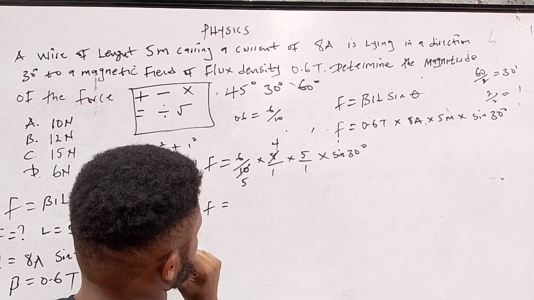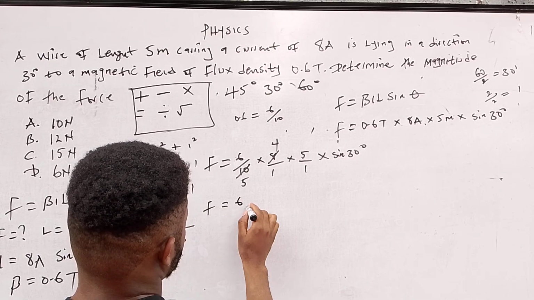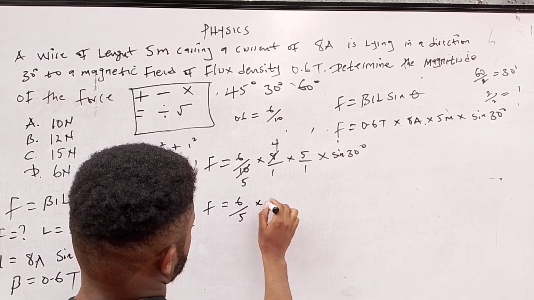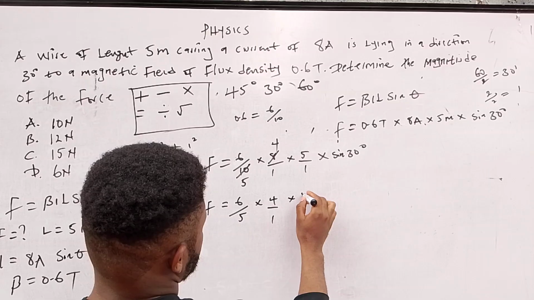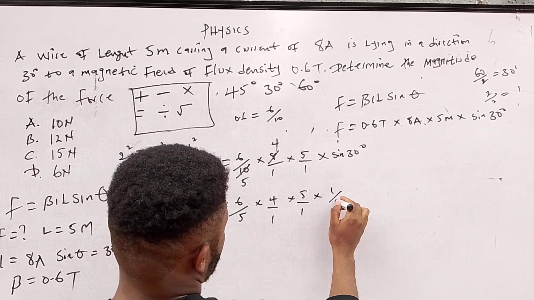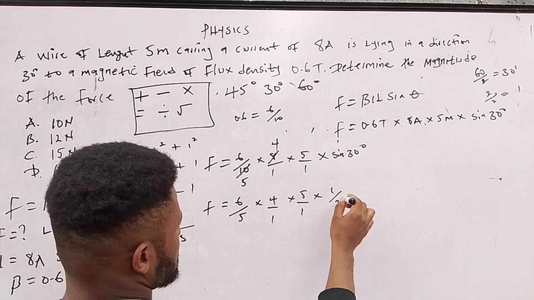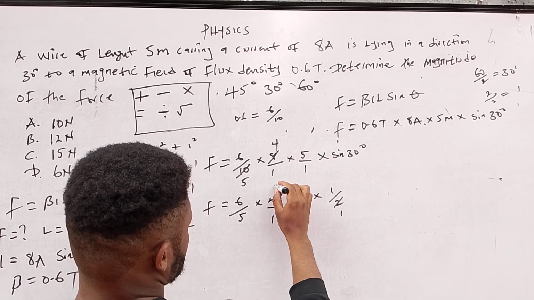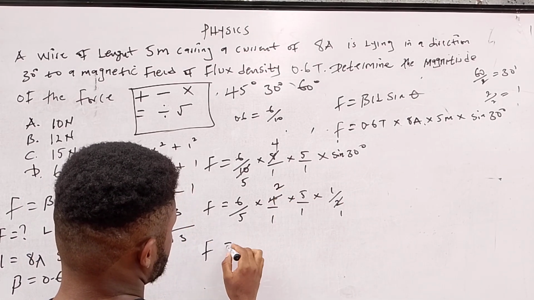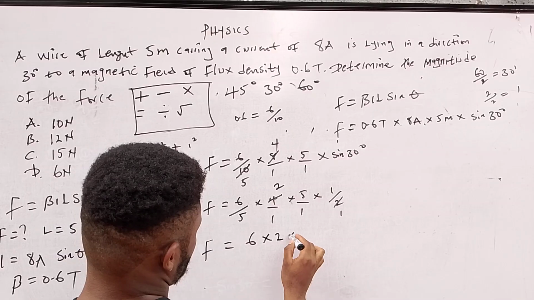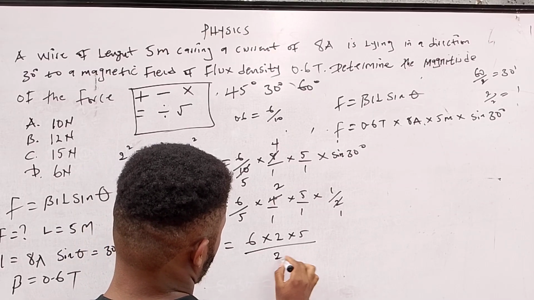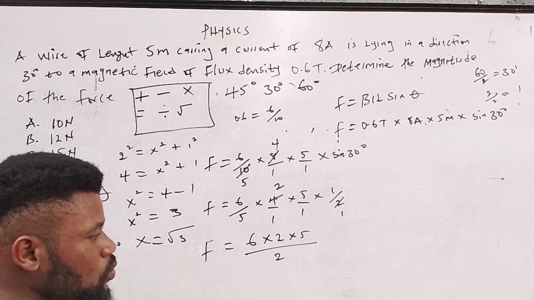Let's say you have 6 upon 5 times 4 upon 1 times 5 upon 1 times 1 upon 2. So I can cancel out now. 2 ones are 2, 2 twos, what? It is 2. So I have F is equal to 6 into 2 into 5 upon 2. I'm good to go.